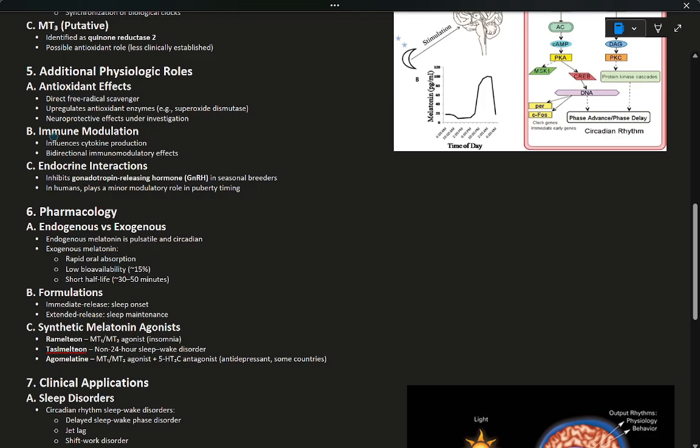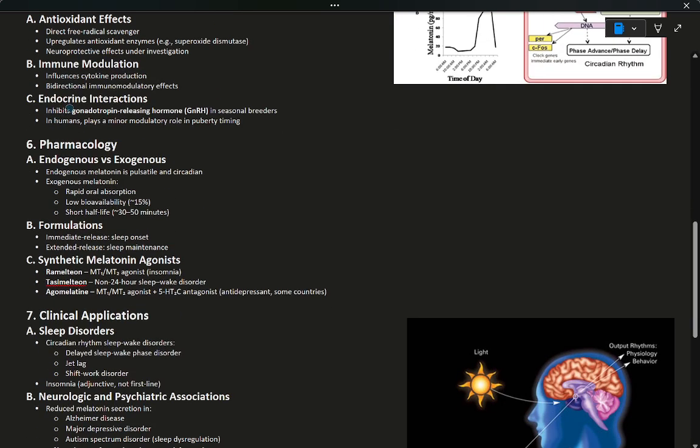Melatonin is also known to facilitate immune modulation, so it can influence cytokine production, leading to bidirectional immunomodulatory effects. Remember that cytokines play an important signaling role in immune reactions. And then melatonin can be involved with endocrine interactions.